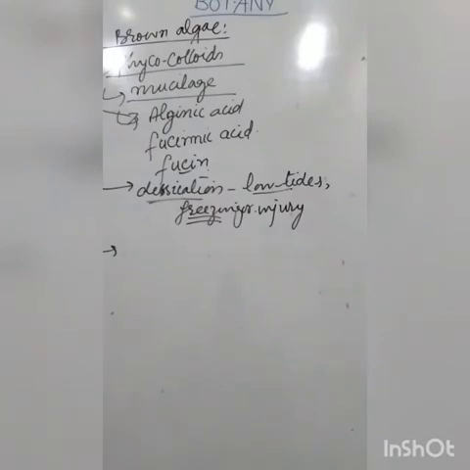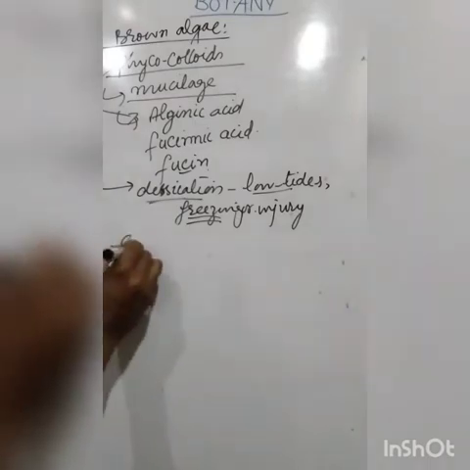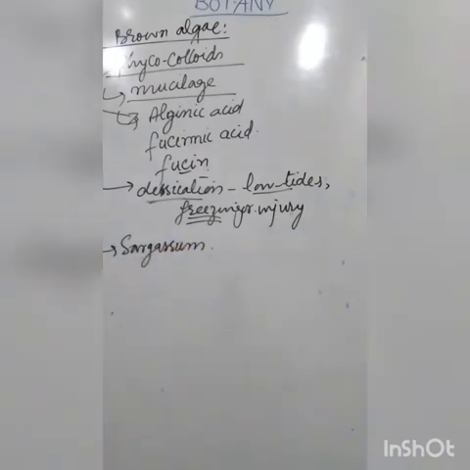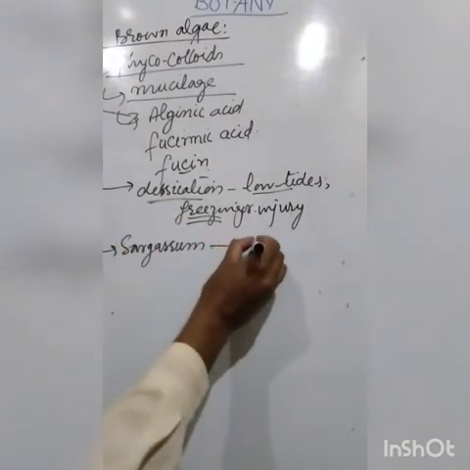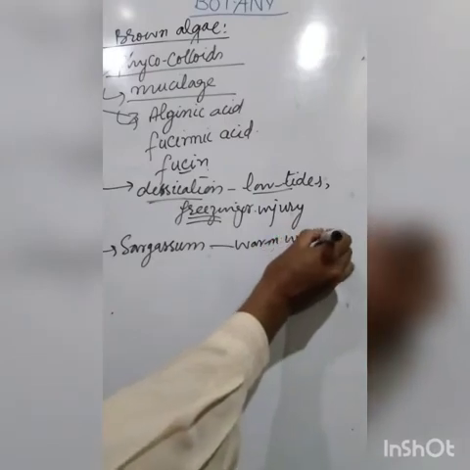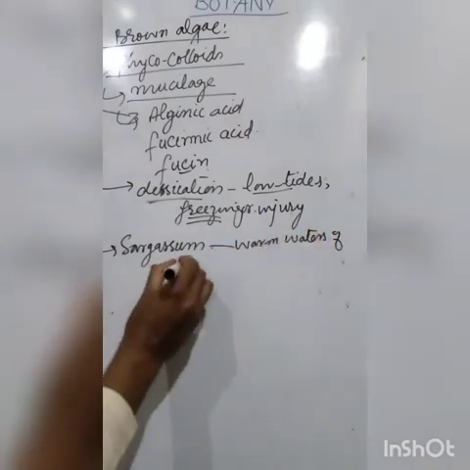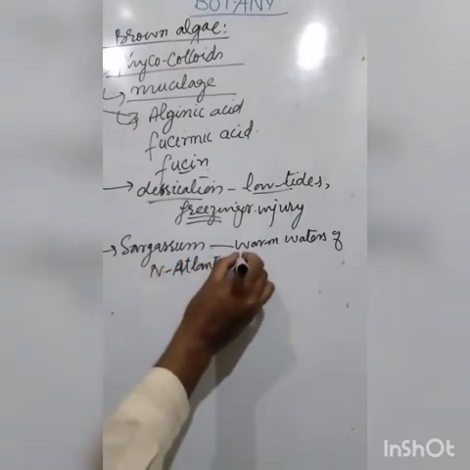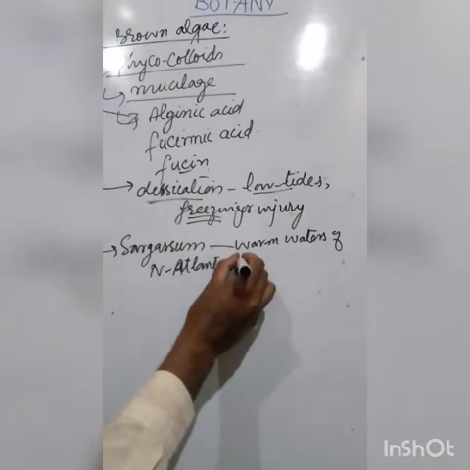And there is Sargassum, which grows in the warm waters of the North Atlantic Ocean.